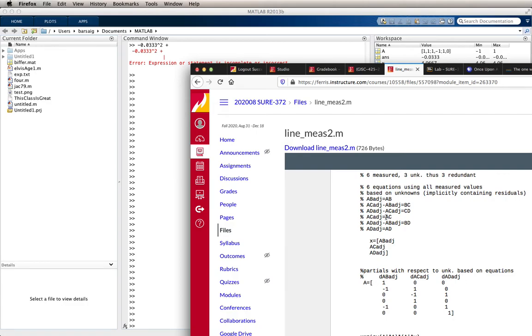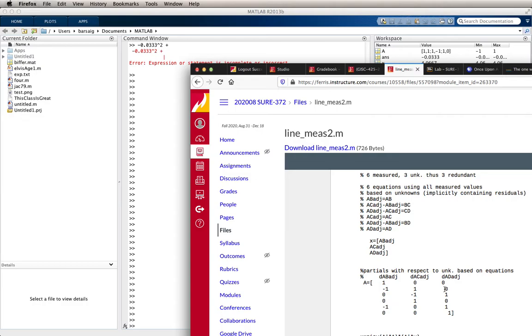So in our first equation, there's no AC adjusted, there's no AD adjusted, there's only AB adjusted. The partial with respect to AB adjusted is just 1. For the second equation, we have a minus AB adjusted, so that's minus 1, and AC adjusted, that's 1.